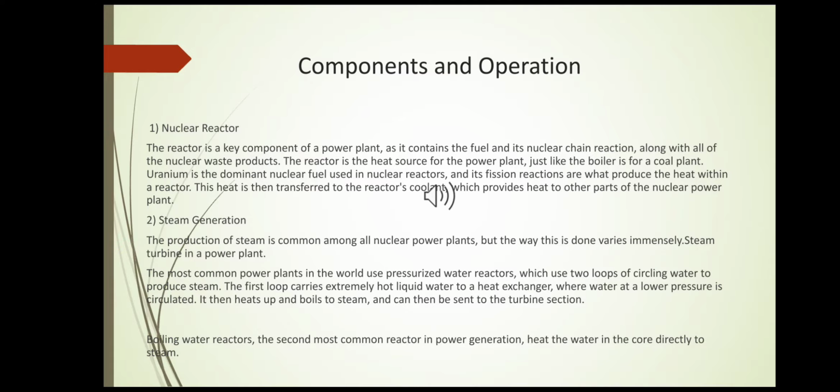The first loop carries extremely hot liquid water to the heat exchanger, where water at a lower pressure is circulated. It then heats up and boils to steam and can then be sent to the turbine section. Boiling water reactors, the second most common reactors in power generation, heat the water in the core directly to steam.